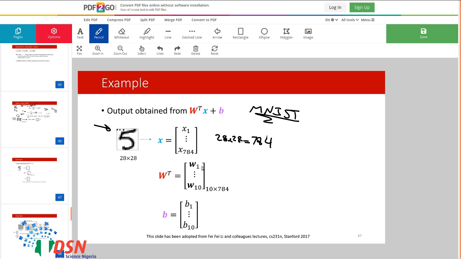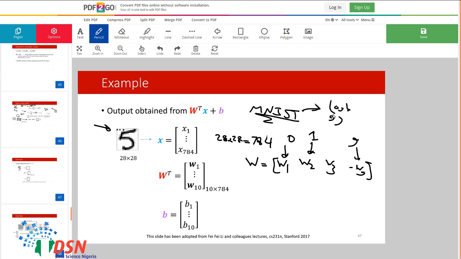And for the W, we have the W for class 0, W2 which is related to the class of digit 1, and so on to W9. Because this dataset has digits 0, 1 to 9, and images could be 0, 1 to 9, we have 10 classes.